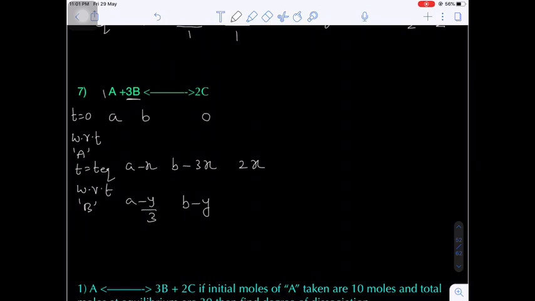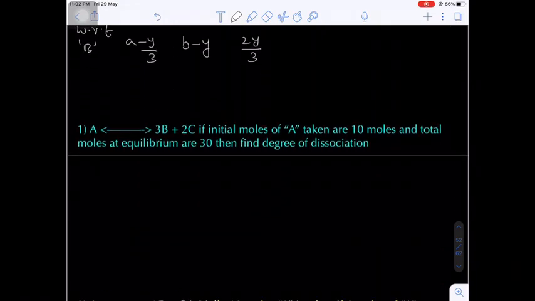Y by 3 moles of A. Now 3 moles of B will give 2 moles of C. Y moles of B will give 2Y by 3 moles of C. Are you getting my point? Here there are two reagents A and B, out of which we decide the limiting reagent, according to which we have to solve the problem.